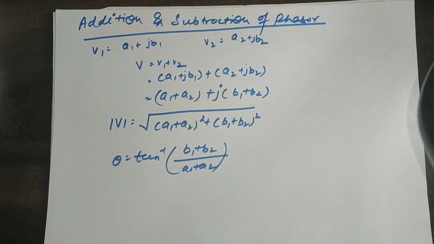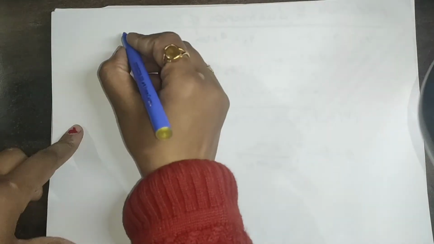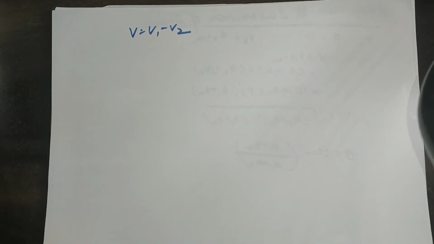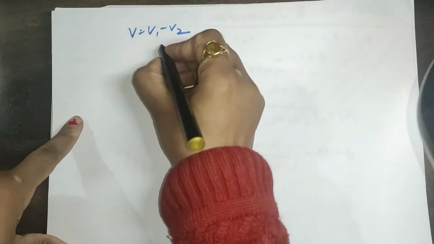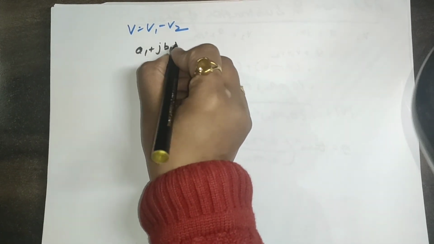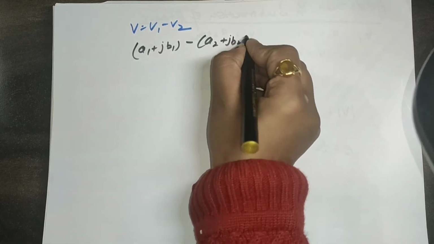This is the addition of phasors. Now we will discuss the subtraction of phasors. Now V equals V1 minus V2. If you want to perform this V1 minus V2, how can you perform it? That will be A1 plus j beta 1 minus A2 plus j beta 2.